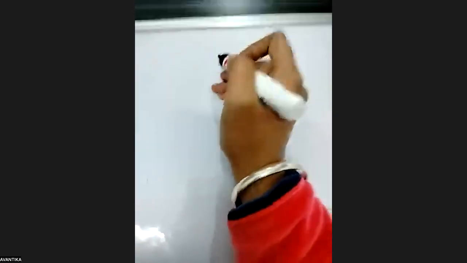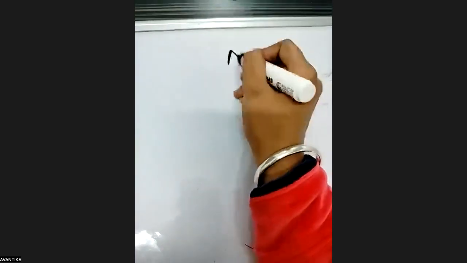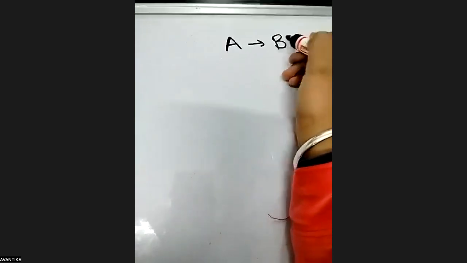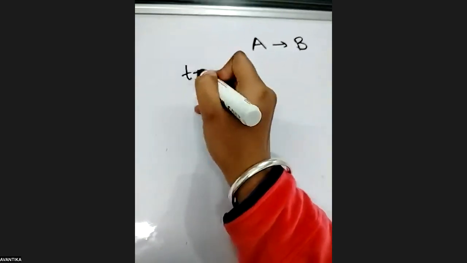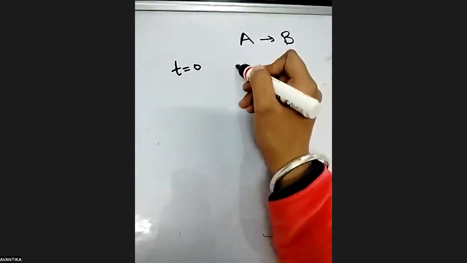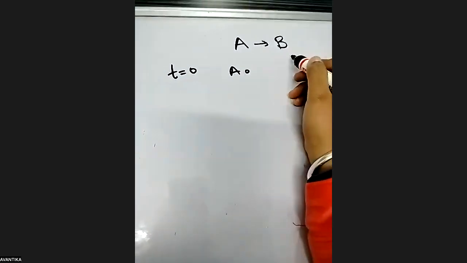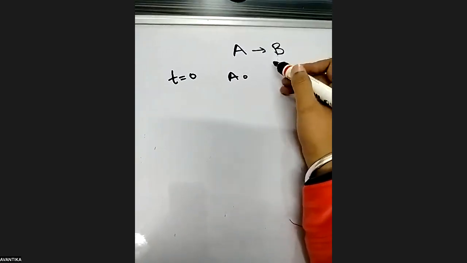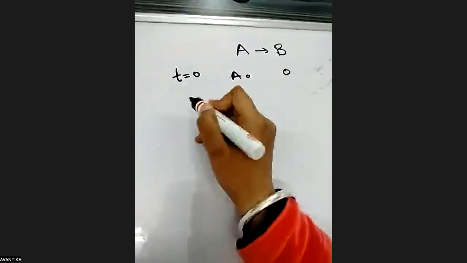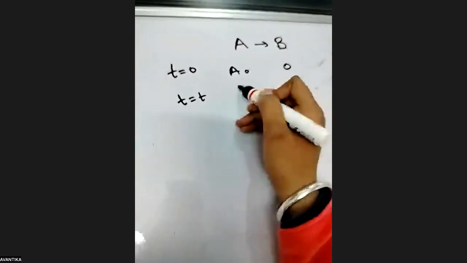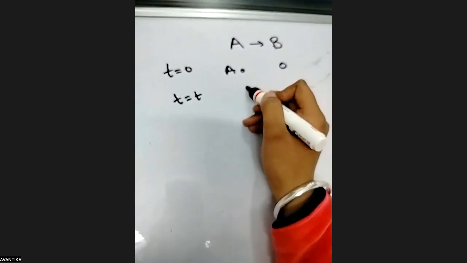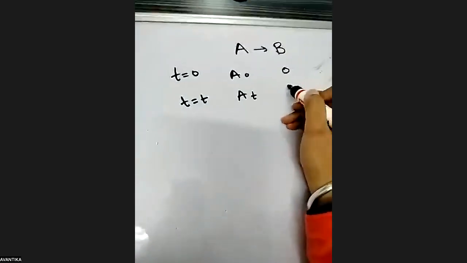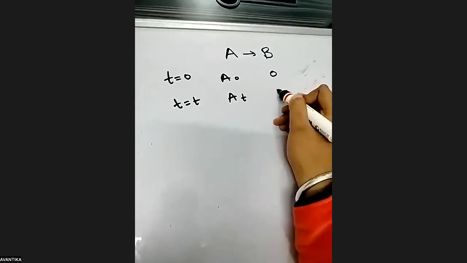Like if we have a reaction A giving product B, then at time t equal to 0, we have initial concentration A naught, and because now nothing has reacted, the concentration of B is 0, and at time t the concentration of A becomes At and B becomes x.